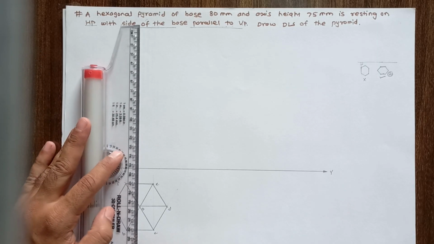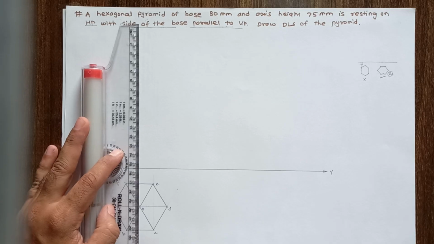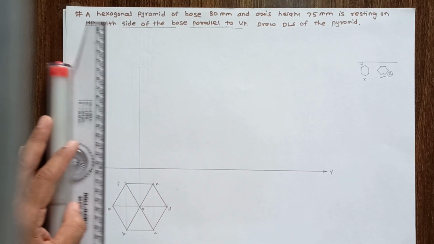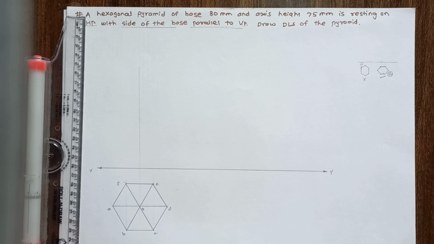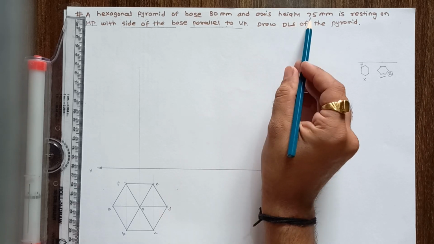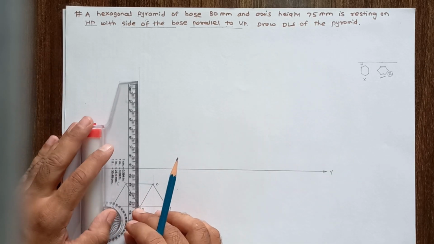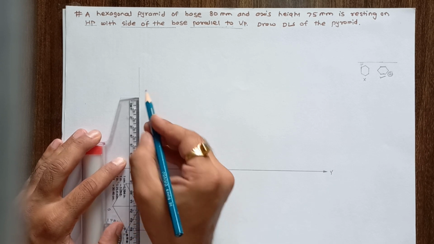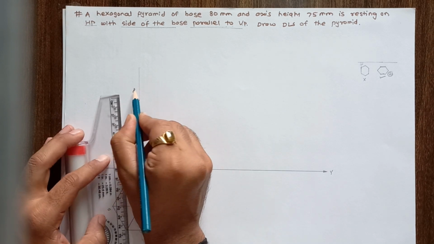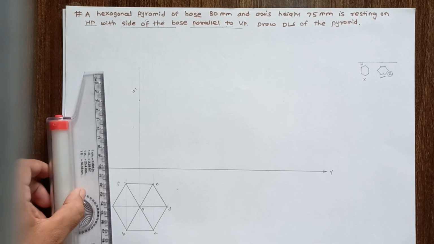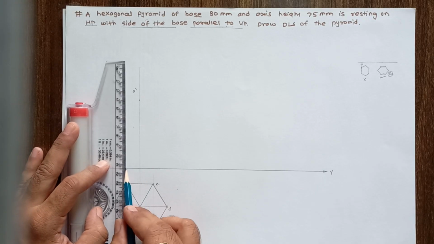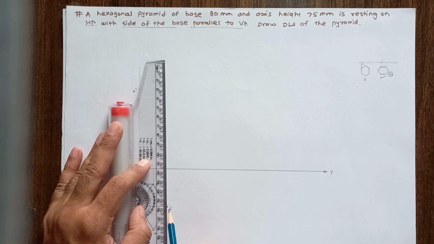Now mark a center line or axis of this pyramid and mark axis height 75 mm. 75 mm is the axis height. This is O dash. Now project all the points on the XY line.